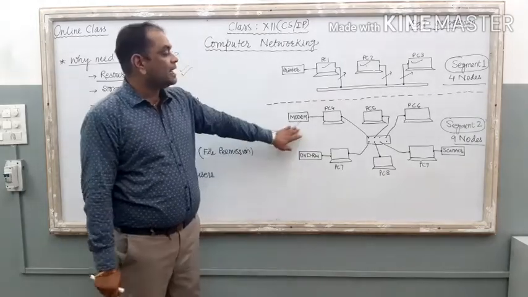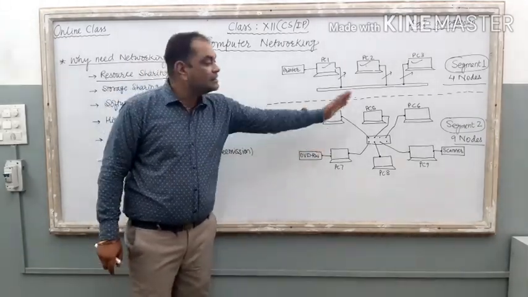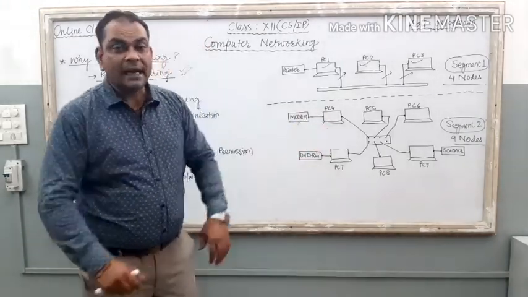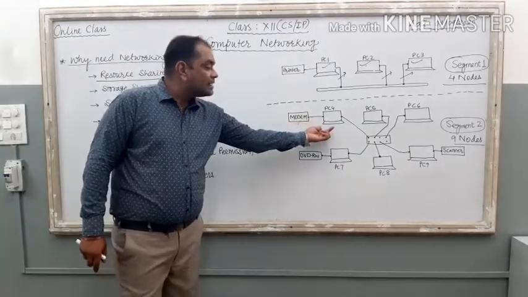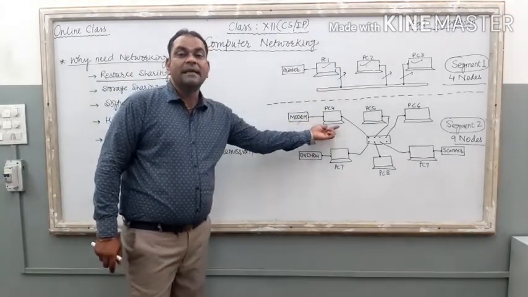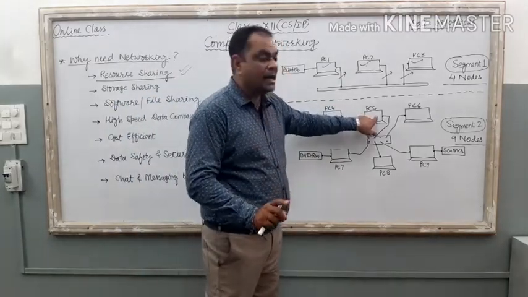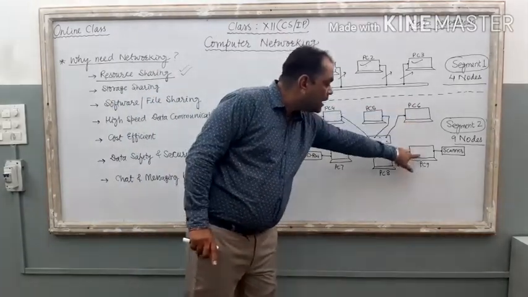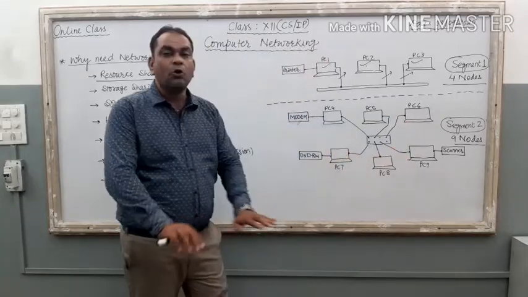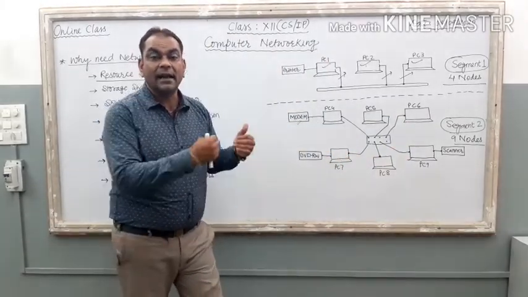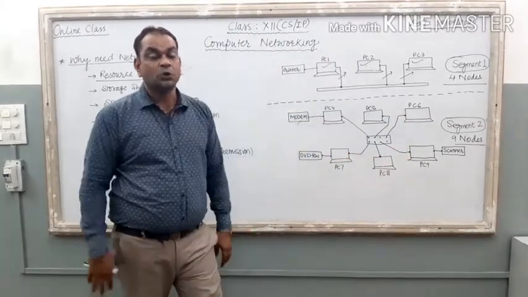Now the modem is connected with PC4 only. If all these computers are standalone, then you can access the internet on PC4 only. Internet is not accessible from the other PCs, so the rest 5 PCs have no internet connectivity. So what should we do?